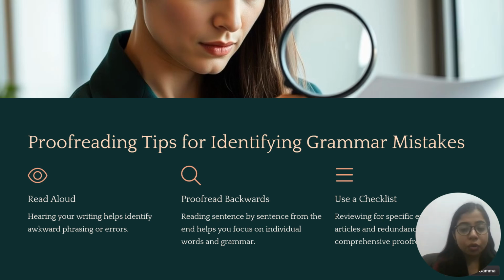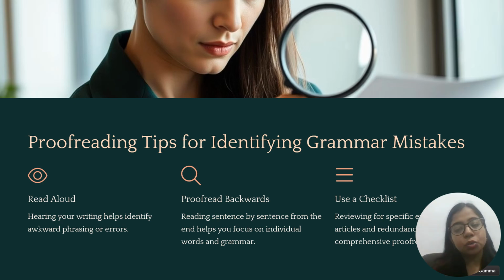Reading sentence by sentence from the end helps you focus on individual words and grammar. If you're reading a story backwards, the story becomes ambiguous, but you are paying attention to the grammar.